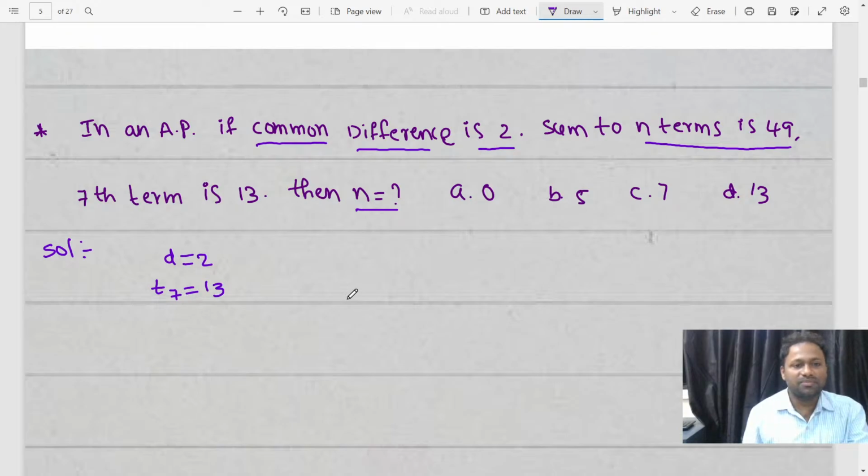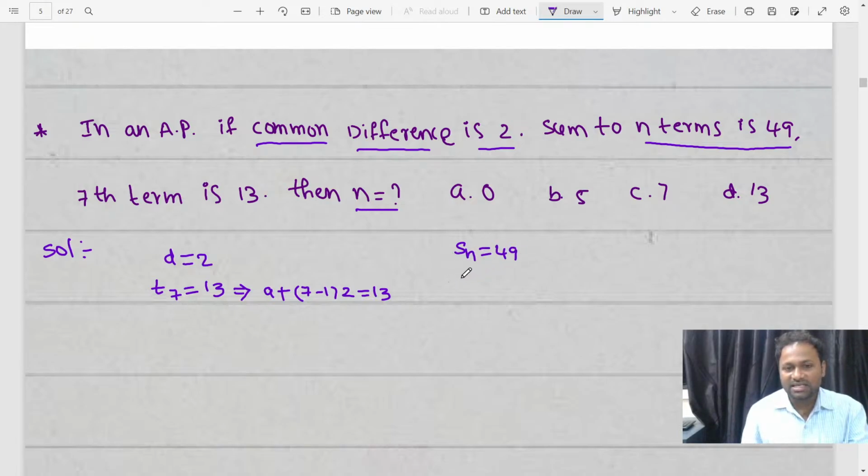Okay, T7 is equal to 13 means we can apply the formula for that. T7 means A plus (n minus 1) into D, that is 7 minus 1, into D. How much is the D value? 2, is equal to 13. Right? So actually I need the n value. In the question what was given? Sn is equal to 49.